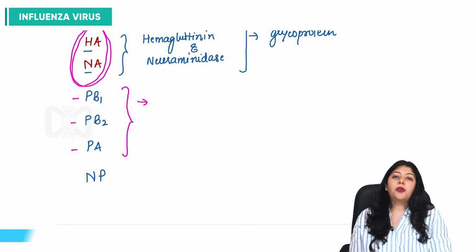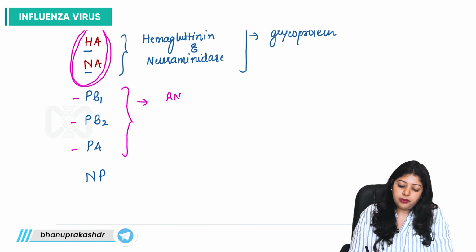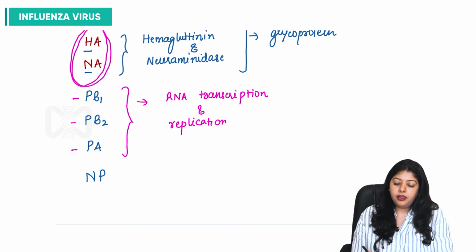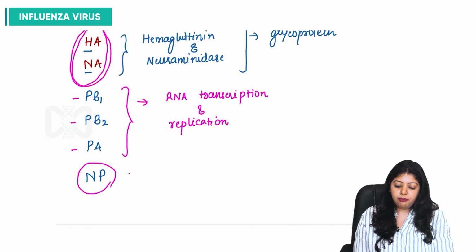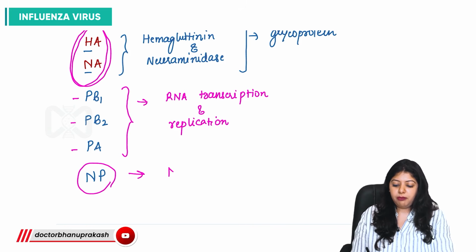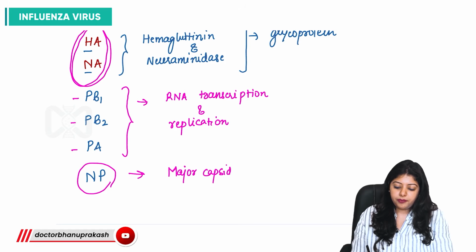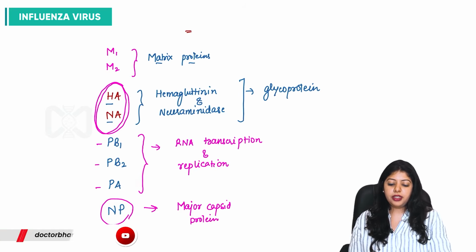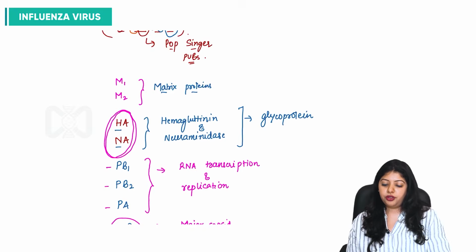Now these are responsible for RNA transcription and replication. And NP is the main capsid protein, the major capsid protein. These are all the structural proteins and their important functions.